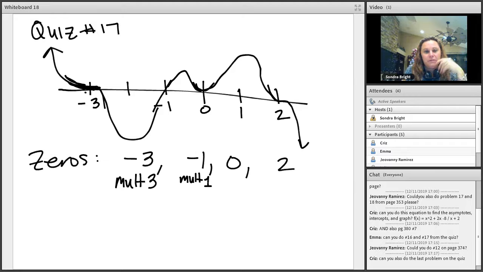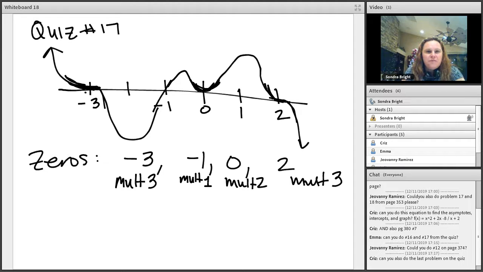At 0, it's tangent there and bouncing back on the other side, so that means that it's an even multiplicity. To me, it didn't look like it flattened out, so I called it a multiplicity of 2. And then at x equals 2, it's odd because it crosses over, but it did flatten out, so I'm going to say that that's a multiplicity of 3.